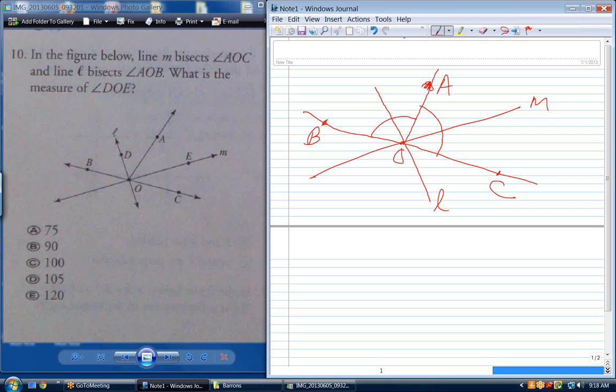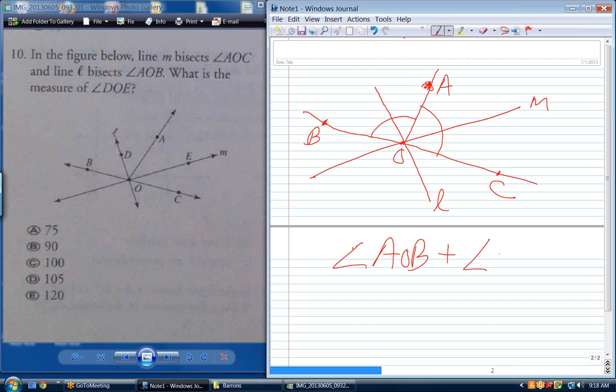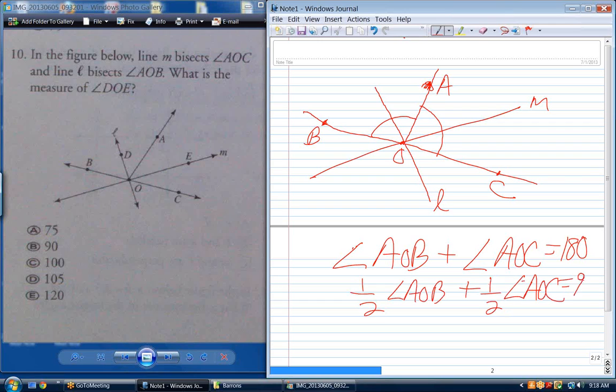Because if I want to set it up mathematically, I have angle AOB plus angle AOC equals 180, and L bisects AOB, so 1/2 of angle AOB plus 1/2 of angle AOC has to be 90. In other words, I can get equation 2 by dividing equation 1 by 2.